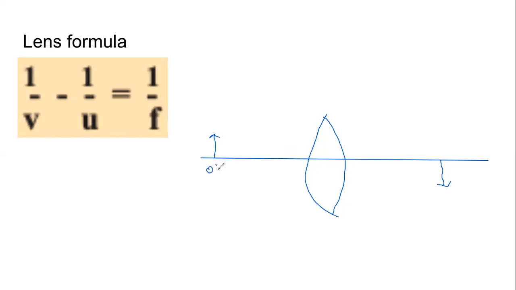So this is object, this is image. Do you remember where do we have to keep the object? If you have done the homework, if you have attended the previous class, you will know this. Where do we need to keep the object so that the image is of the same size?